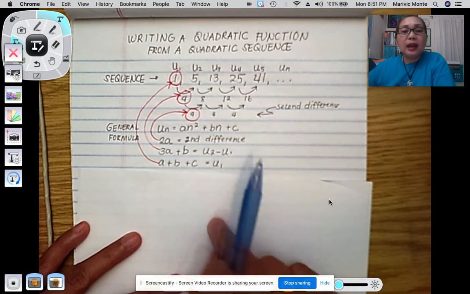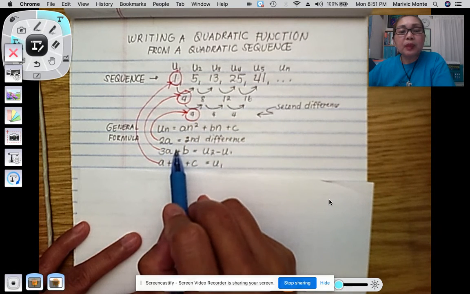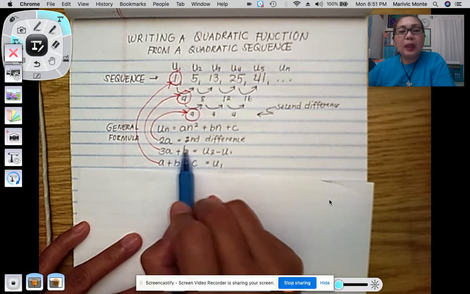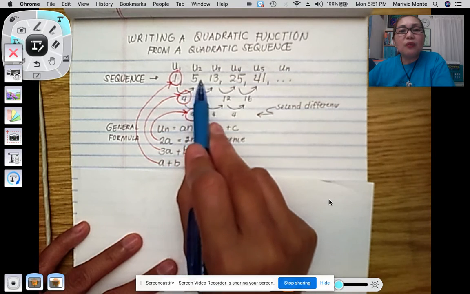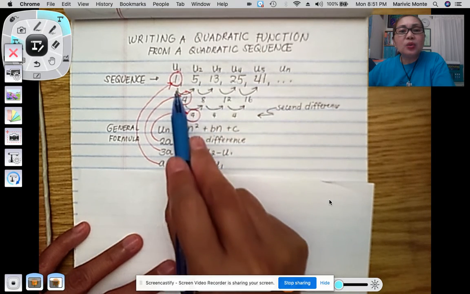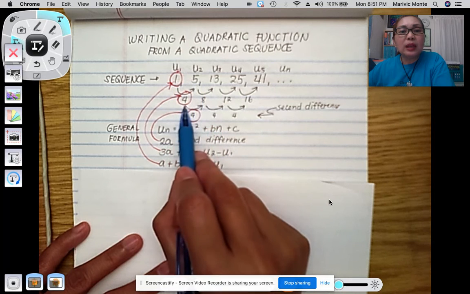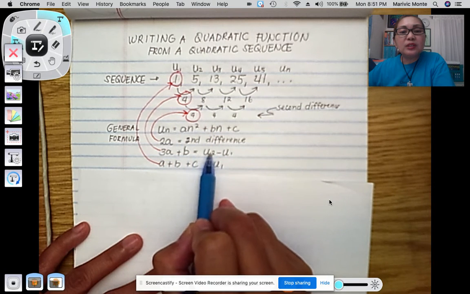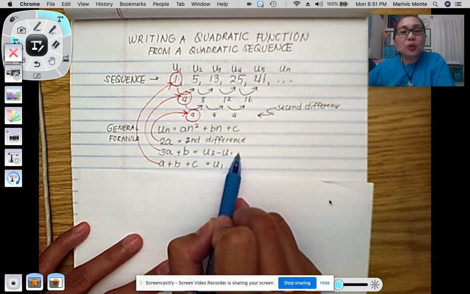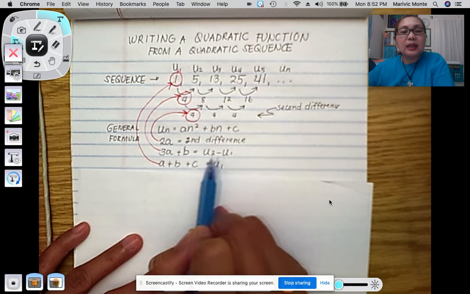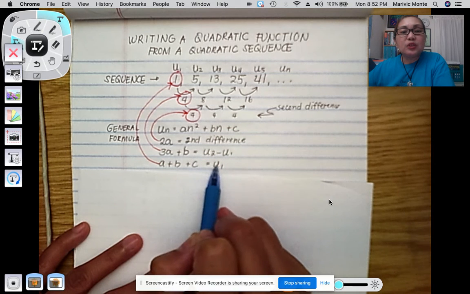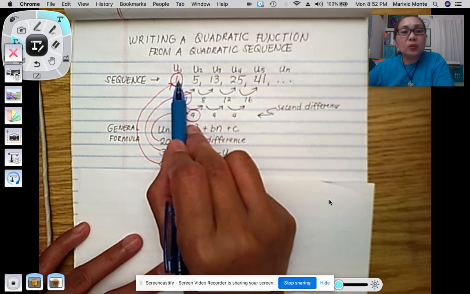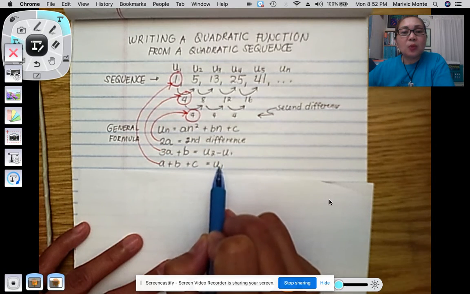The second one is 3a plus b equals u of 2 minus u of 1, that would be 5 minus 1, which is 4. And a plus b plus c equals u of 1, which is 1.